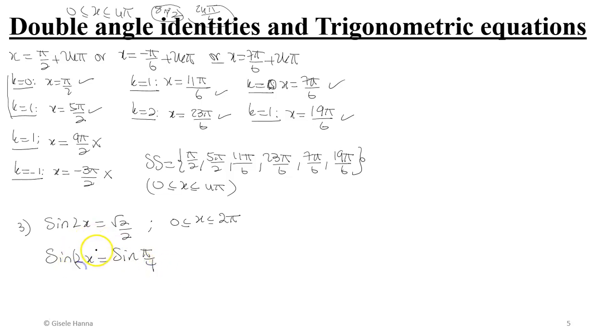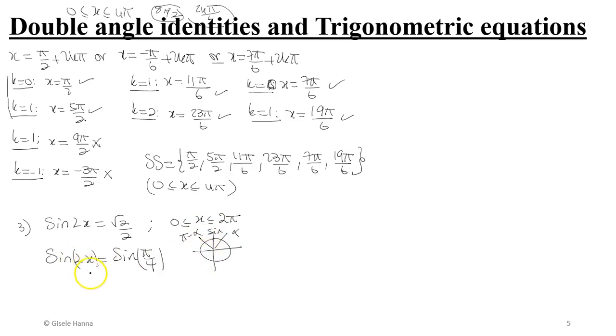Now I do have the equation in the form sine theta equals sine beta, or sine A equals sine B. Now again, regarding sine, they must be in quadrant 1 and 2. So if we're looking at alpha, we're looking here at pi minus alpha, because sine is the vertical axis and the angles have to be symmetrical with respect to that axis.